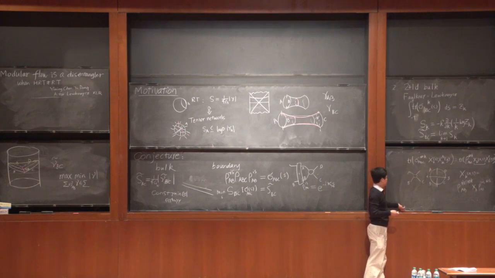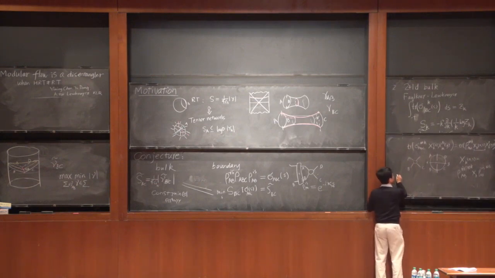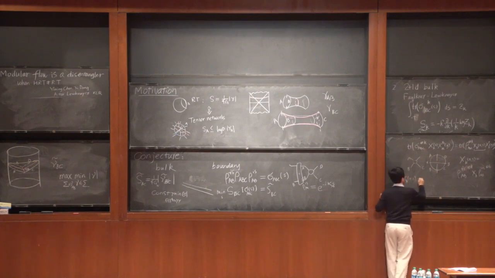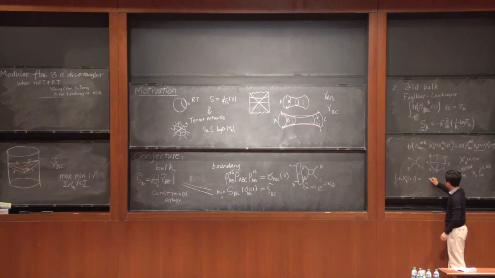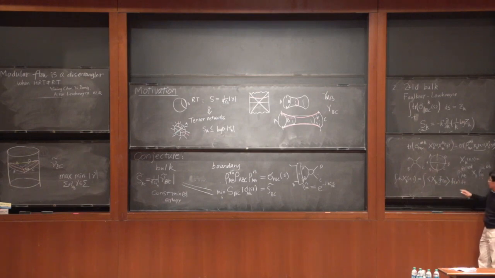So that means we can expand this operator using its correlators with something living on the geodesic, where this Z lives on gamma AB.